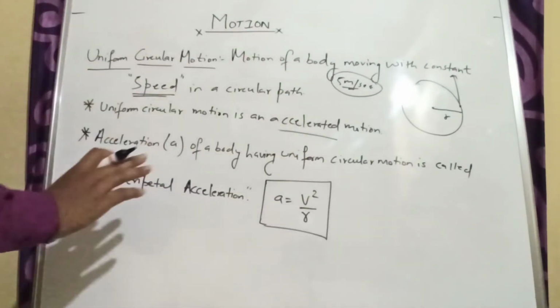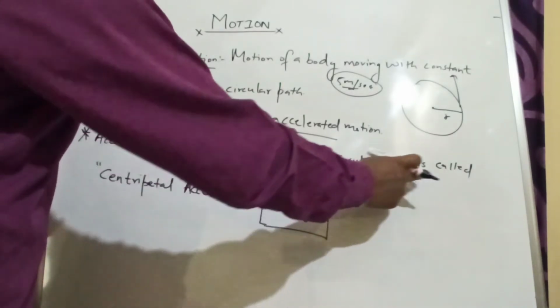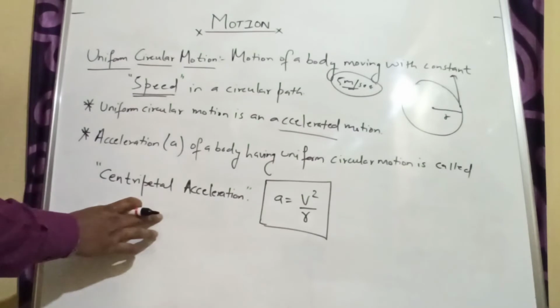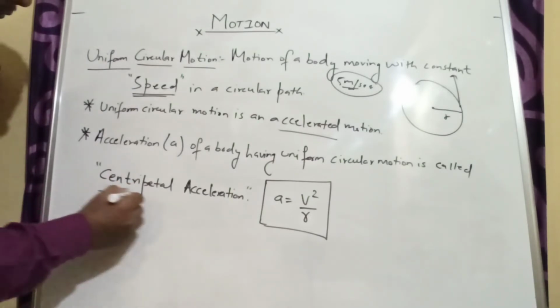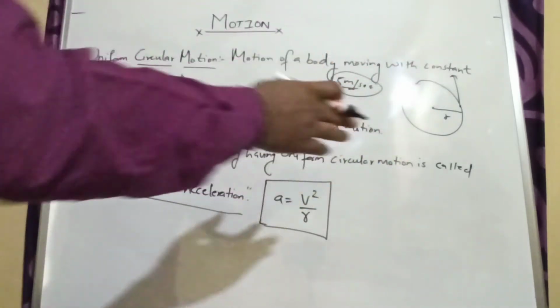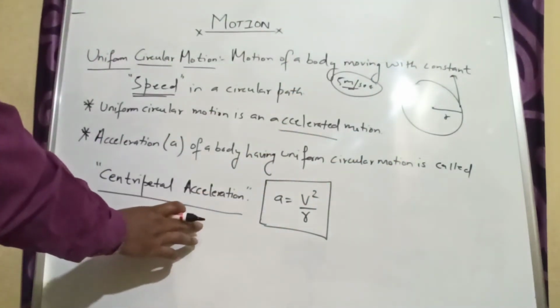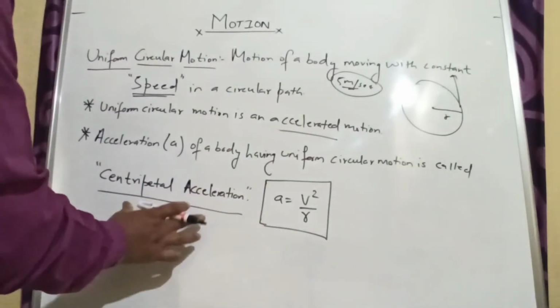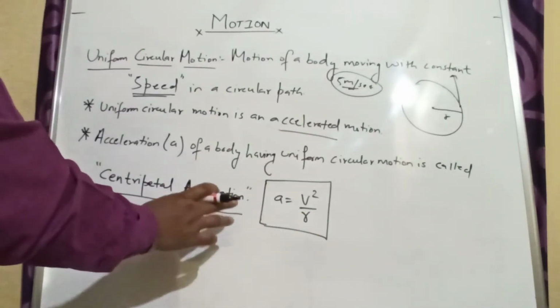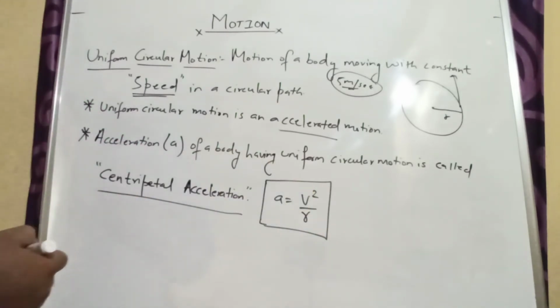Clear? Second point is, the acceleration of the body having uniform circular motion is called centripetal acceleration. This is a new term for you, which is there in case of circular motion. In straight line motion or in rectilinear motion, there is no centripetal acceleration. But in case of circular motion, there is a term centripetal acceleration, and this centripetal acceleration a is given by v square upon r, right?